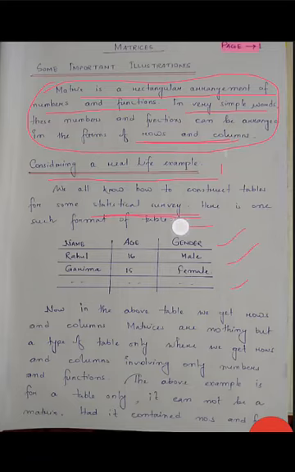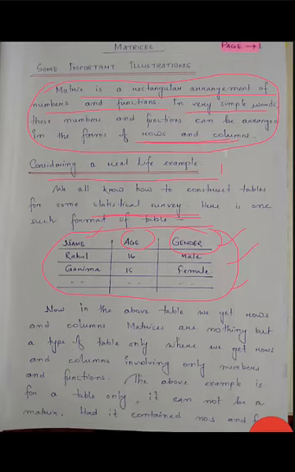Suppose in a particular survey, we have to collect some information in the format of this table. Say in the first column, the name of the persons will be there. In the second column, the age of the persons will be considered, while in the third column the gender of the persons will be specified.